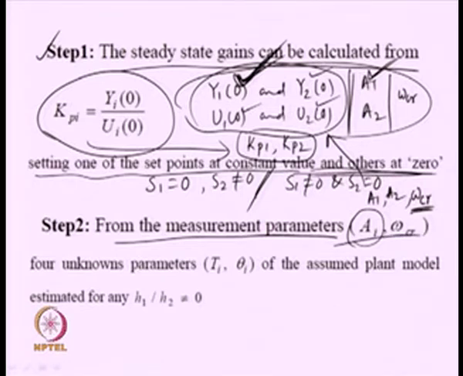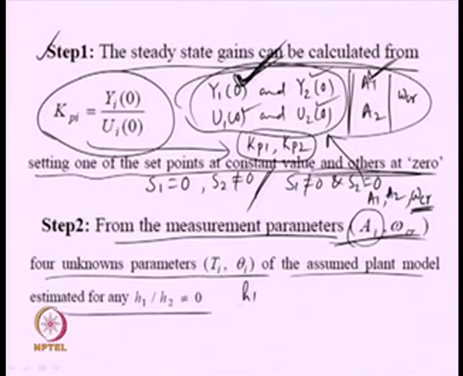With the measurements of Ai and omega CR, 4 unknown parameters of the assumed plant models can be estimated, provided the ratio H1 upon H2 is not equal to 0. That means both the relays should be present. So, both the relay settings must be non-zero. Okay.